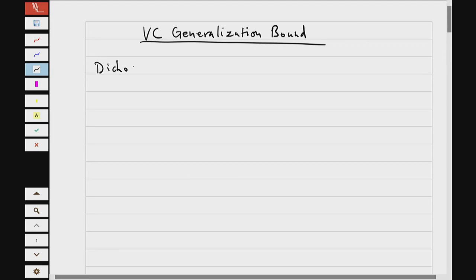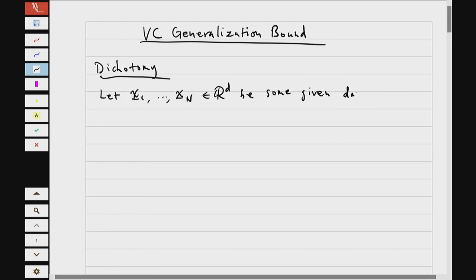Dichotomy, I think that's how you spell it. Just plus and minus, because we're talking about binary. So again, we have the data set: some given data points in d-dimensional space, that we already know.